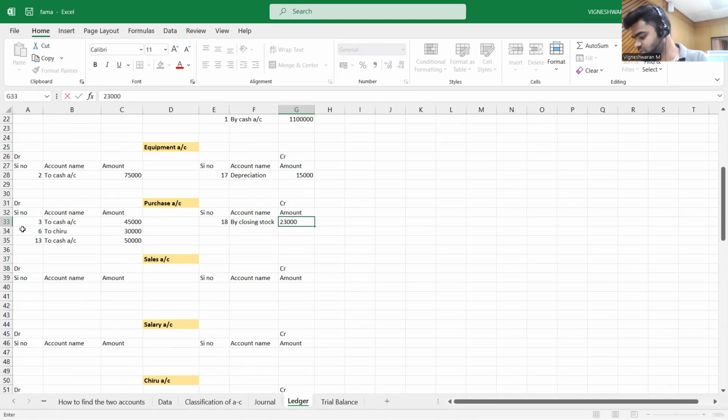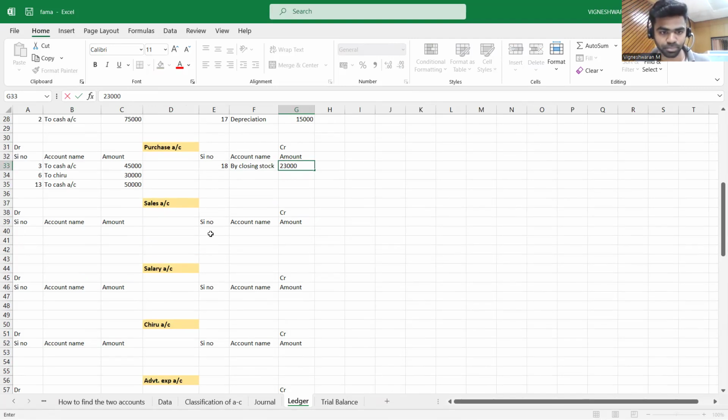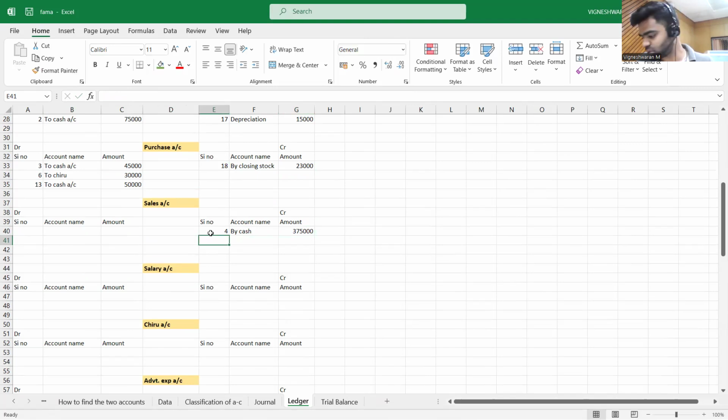In sales, by cash, it is 375, 1, 2, 3. Then the ninth one, by Dinakar, it is 57 into 3.